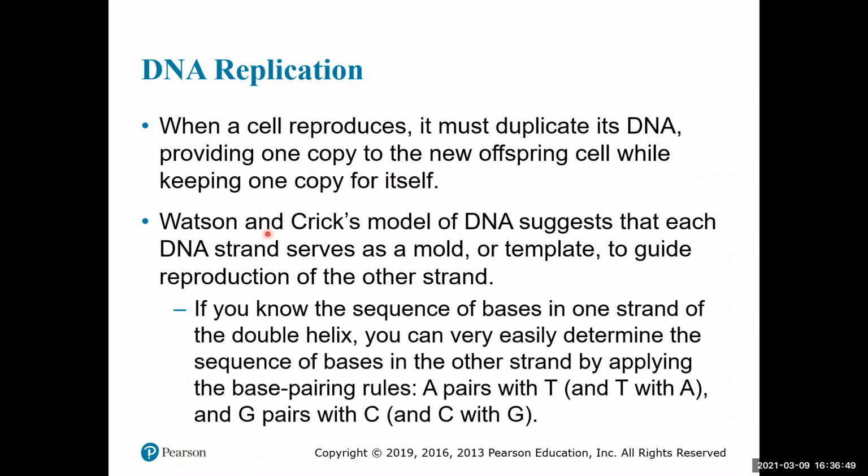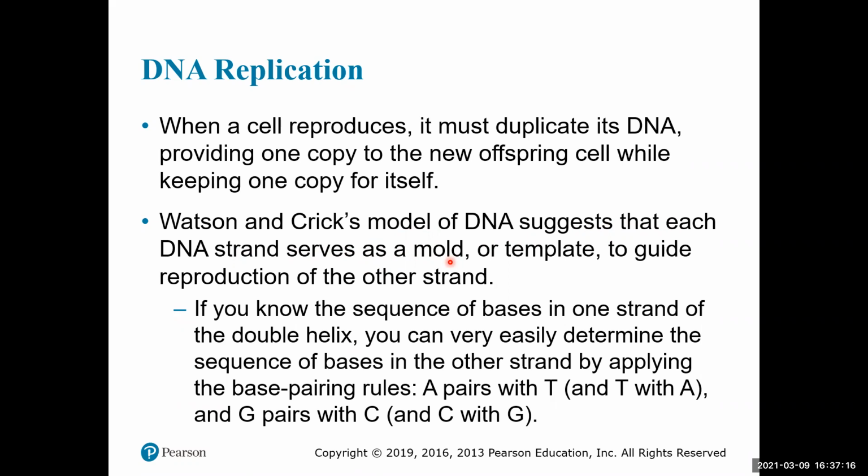And if you remember, there were pairing rules that were discovered when Watson and Crick figured out the structure of DNA. And so each strand of DNA basically serves as a guide for the reproduction of the other strand because there are specific rules for the pairing of these nitrogenous bases.